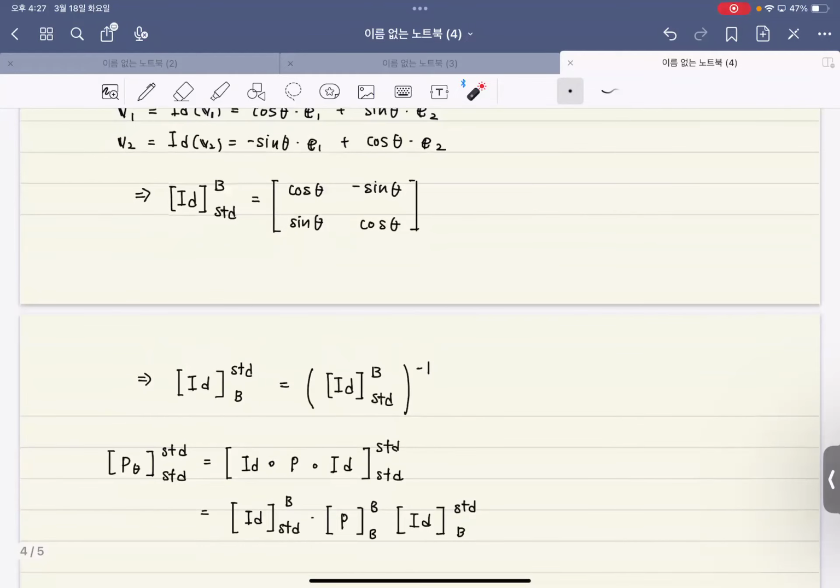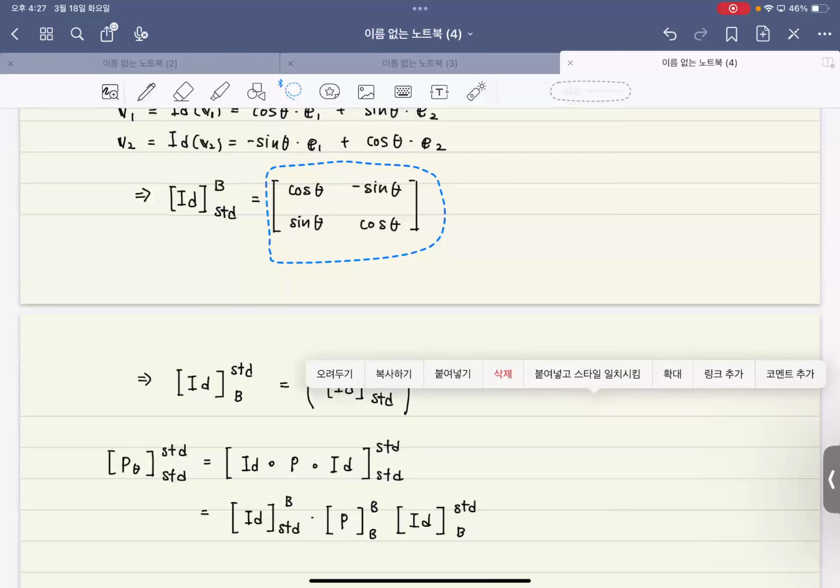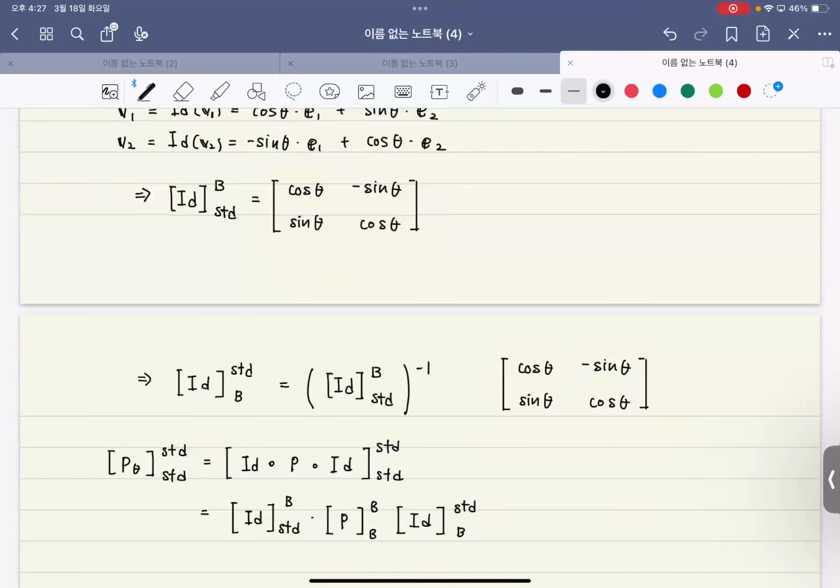So in order to find the inverse matrix of a 2 by 2 matrix, you have to compute something. But in this case, this is an easy matrix. And I believe the inverse matrix of this guy is this, okay?